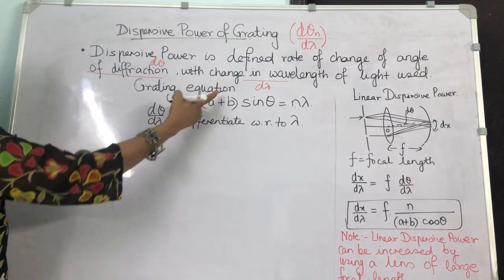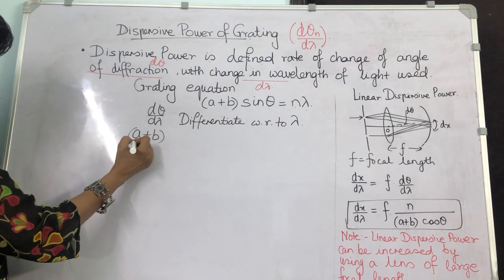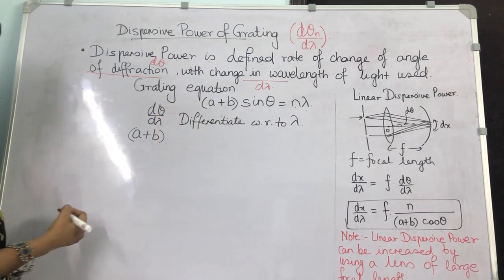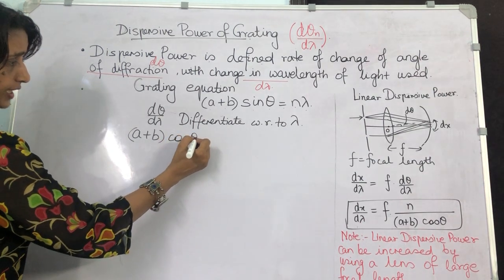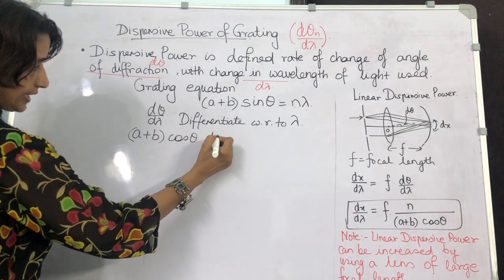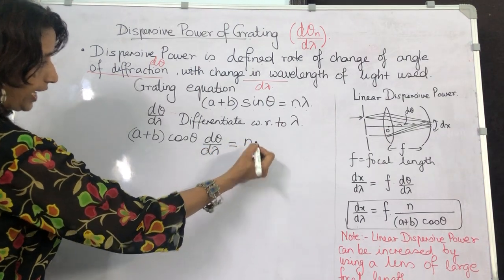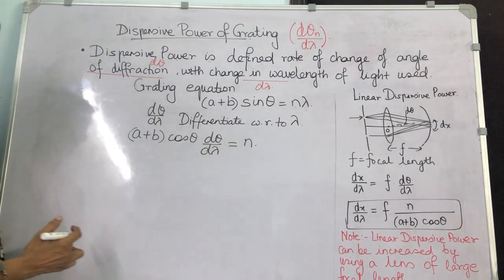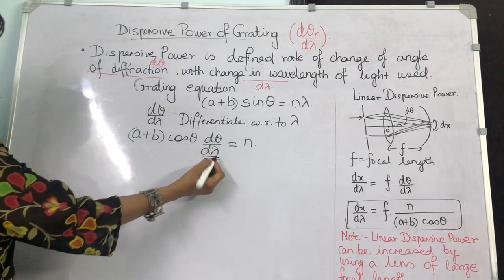So on differentiating with respect to lambda, we get (a plus b) cos theta d theta by d lambda is equal to n, because d lambda by d lambda equals 1. And this d theta by d lambda is what is dispersive power.